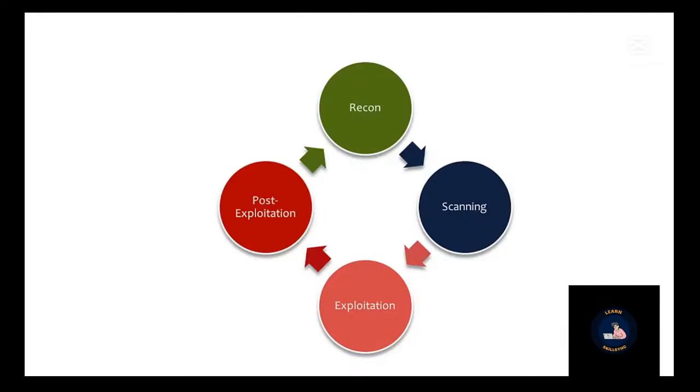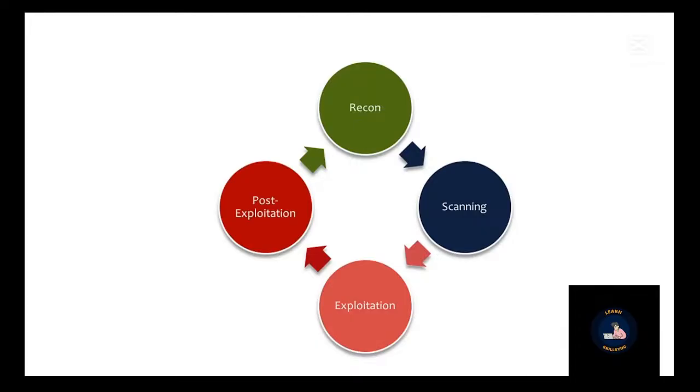And once I get access to the system, once I compromise the system, the final phase will be post-exploitation. If I compromise the system through a weakness inside the browser, and the victim closes the browser, he will cut me off, and that's it. But I need to maintain my access.